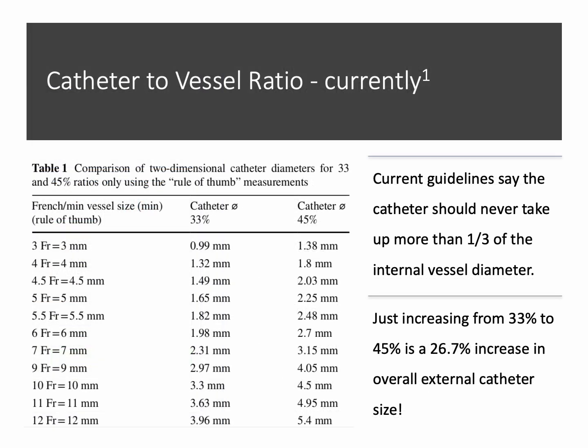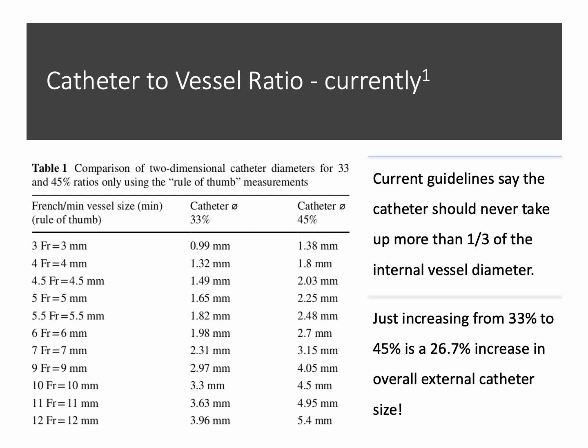This table from a publication in 2017 shows a comparison of catheter vessel ratios between 33 and 45% and the changes in external diameter based on catheter French sizes.